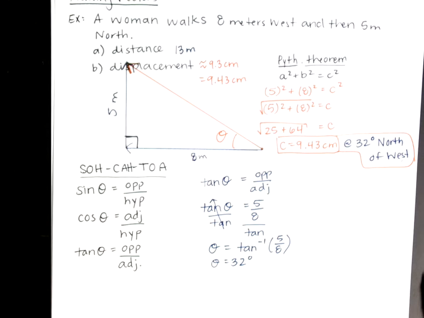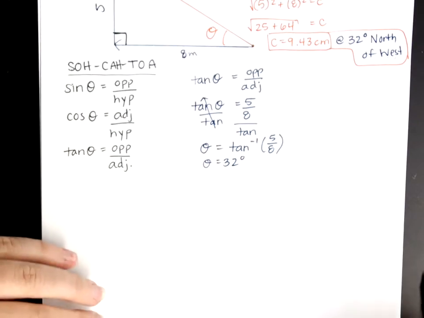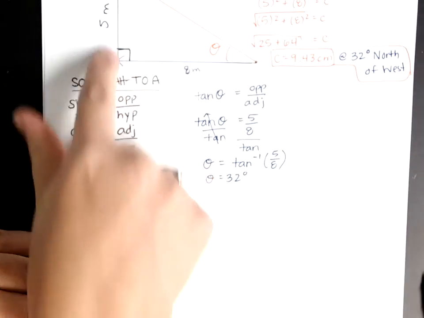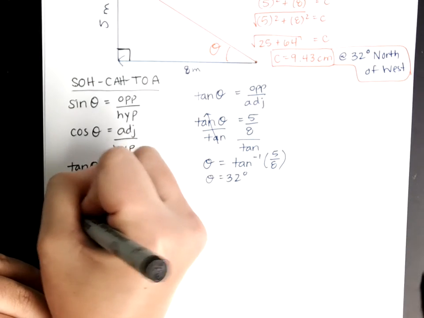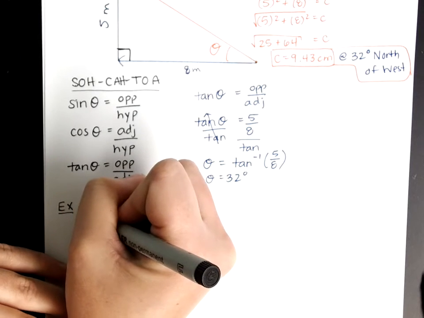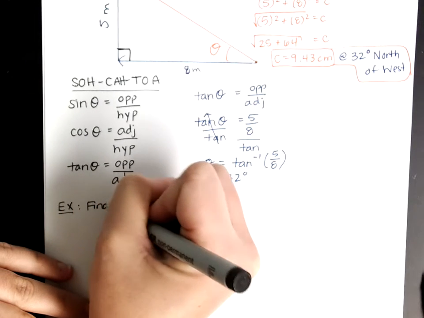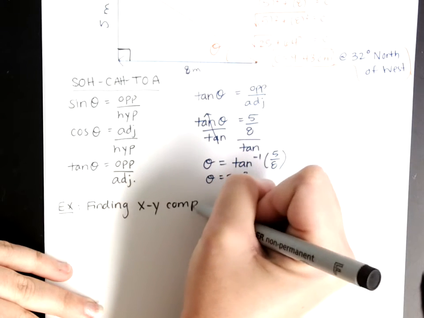Let's do one more example. Instead, if I don't give you the x and y components, let's do an example in which I actually give you the hypotenuse this time. So finding x, y components.